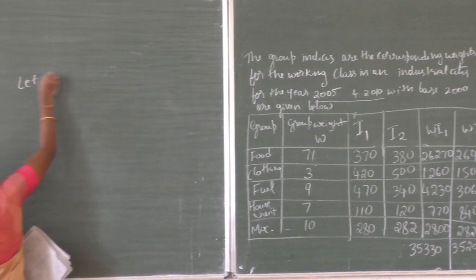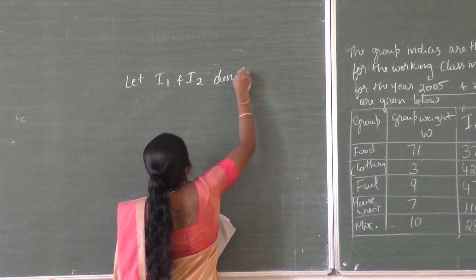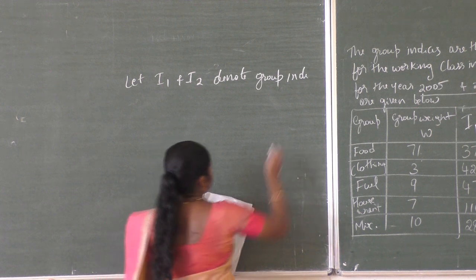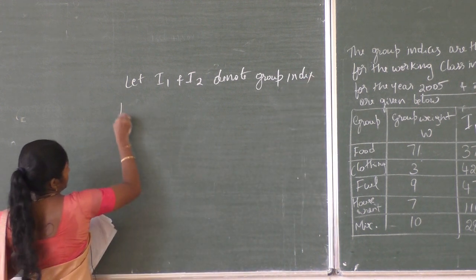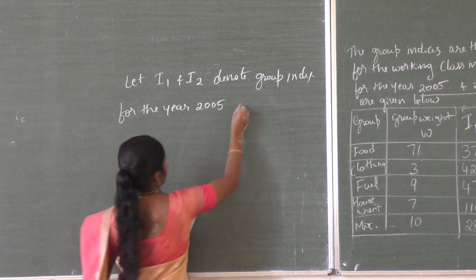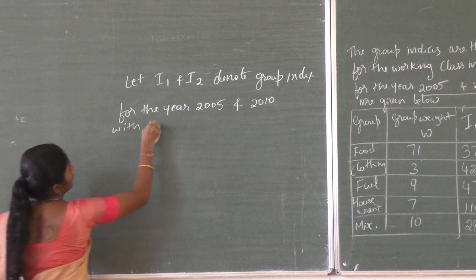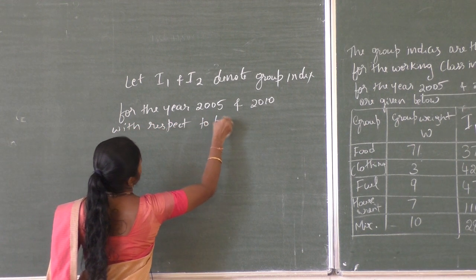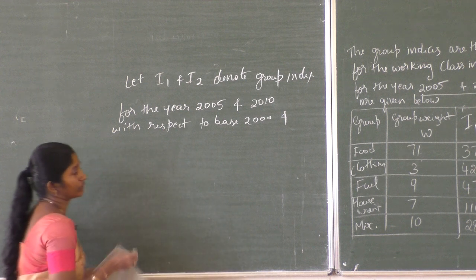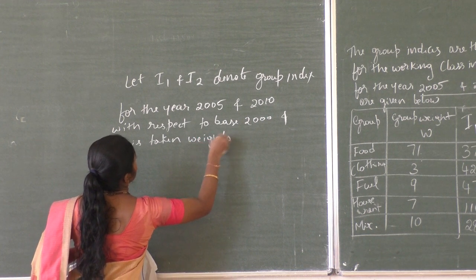Here, let I1 and I2 be denoted as the group index for the years 2005 and 2010 with respect to base 2000, and W is taken as the weights.